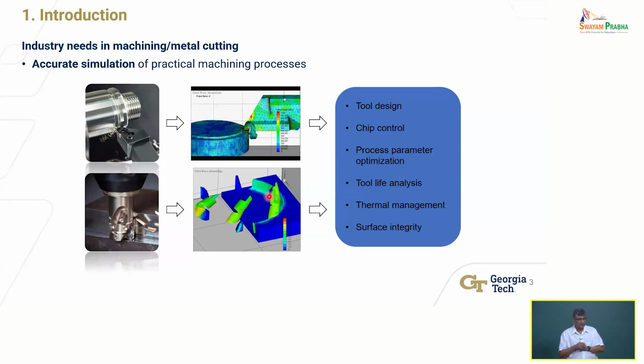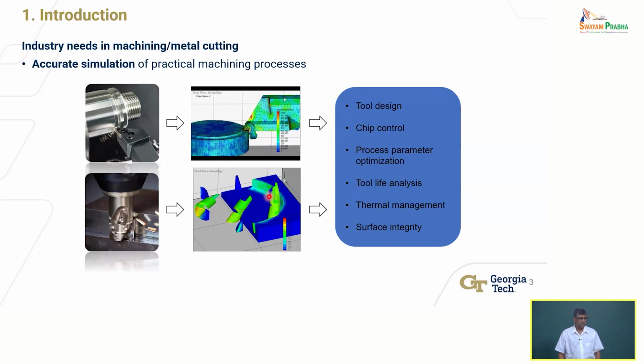Tool life analysis. This is still a challenge, to be able to truly predict tool life. Okay, that is, how long will this tool last before it no longer is able to machine according to the quality requirements that I might have in my application. Tool life is still not easy, because any wear process has a lot of stochasticity associated with it, so it's not that simple.